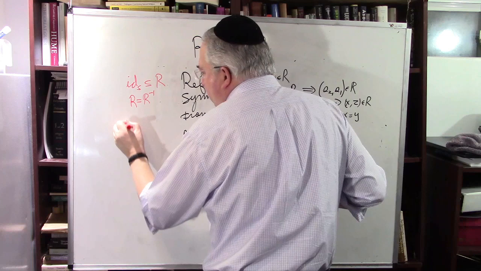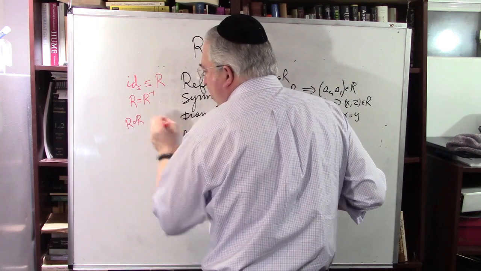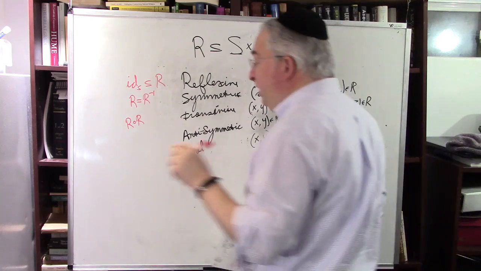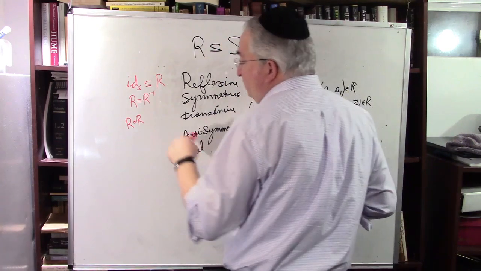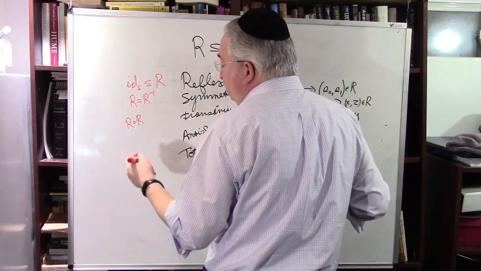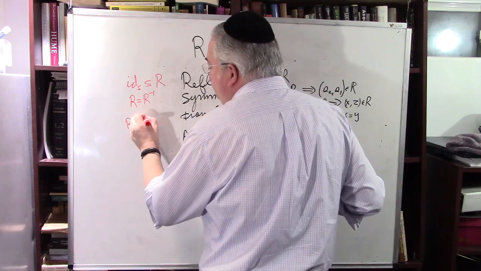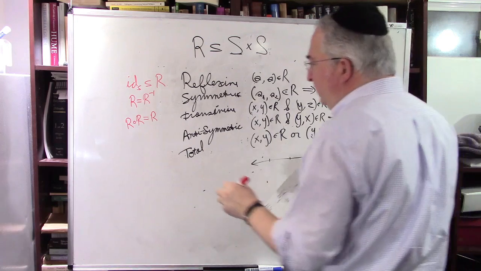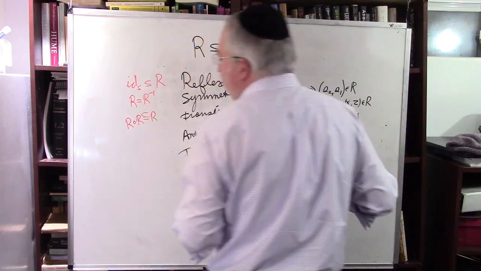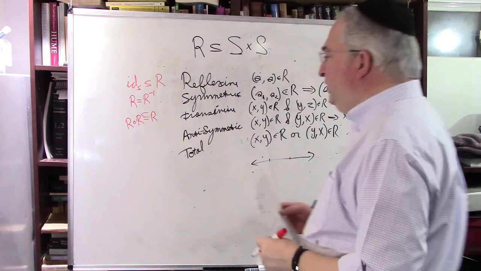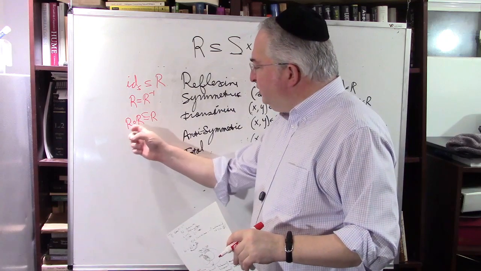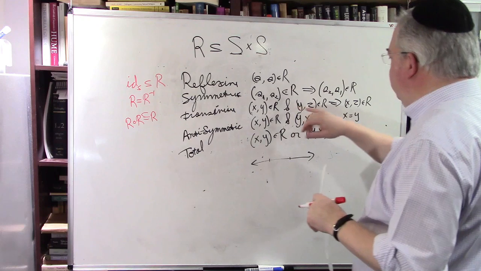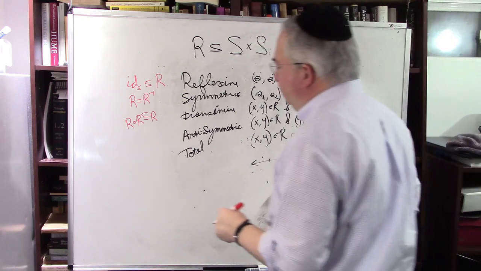Transitive means as follows: R composed with R, and here we have composition, and I told you composition is something we want to think of these things as functions, as morphisms in a category, so we like talking about that. R composed with R is a subset of R. Well, what that says is if you have x and y, y and z, then you can add x and z.